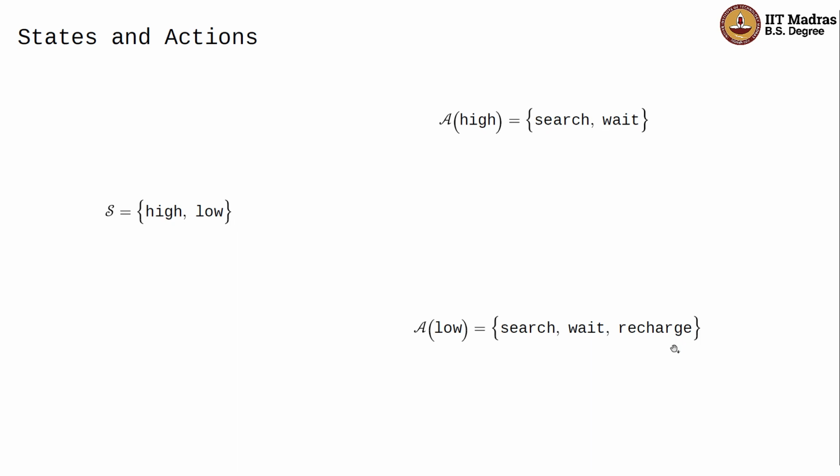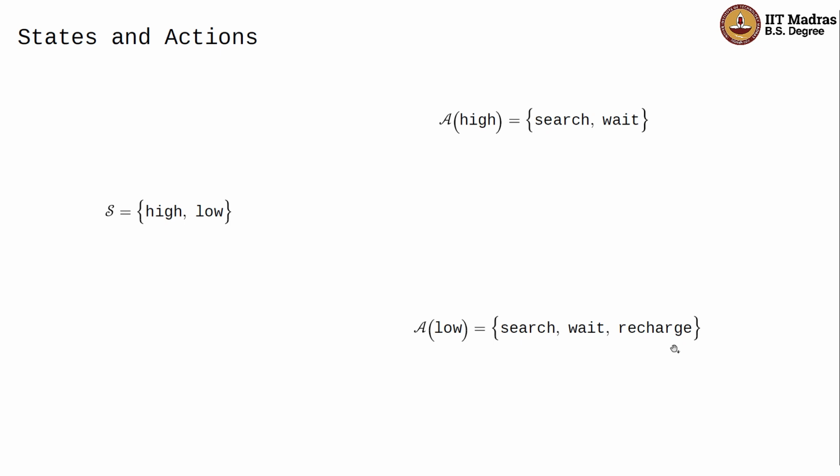Now, the point to note is that the state here is Markov. The only information that I need to know to act is whether my battery level is high or low. I don't need any history of what my battery level was 10 steps before. I just need to know what my current battery level is to take an action.